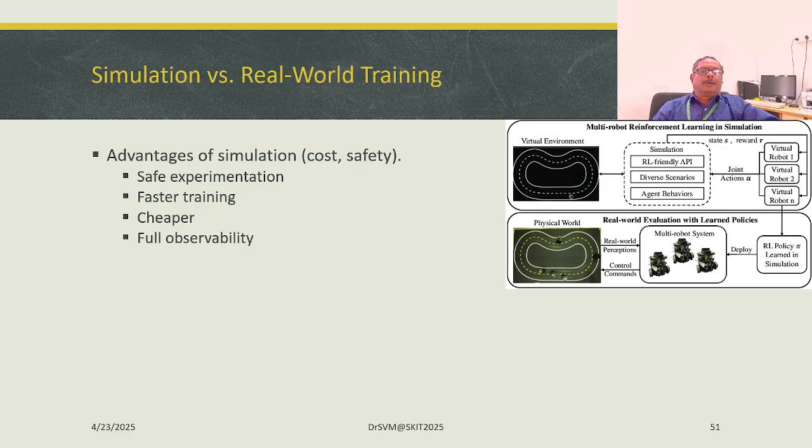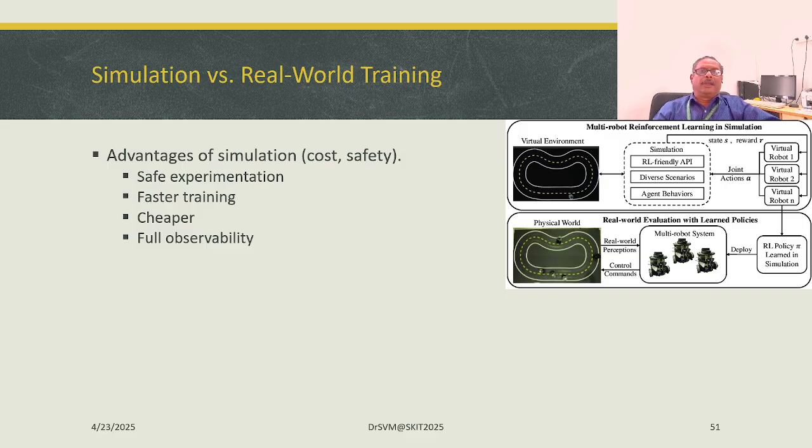So the cost will be less because all the training is done in the simulation, so it doesn't make much expenditure, and most importantly, it is safe to work with. Second thing is, when you are working with simulation, the training will be fast, training will be cheaper, and most important thing is it is fully observable.